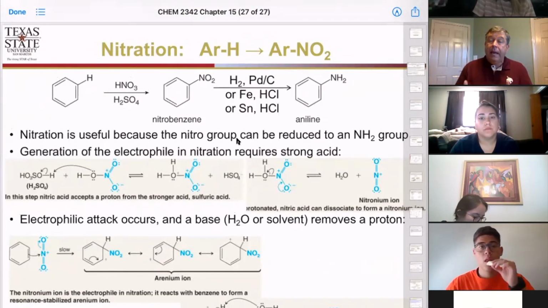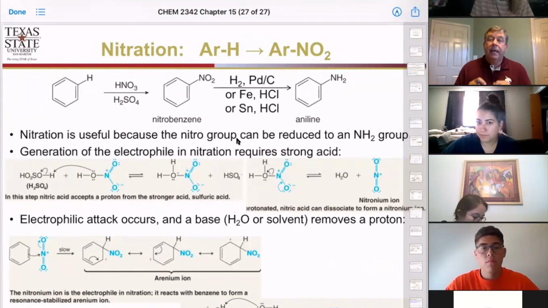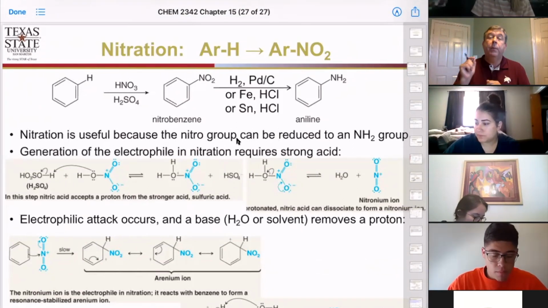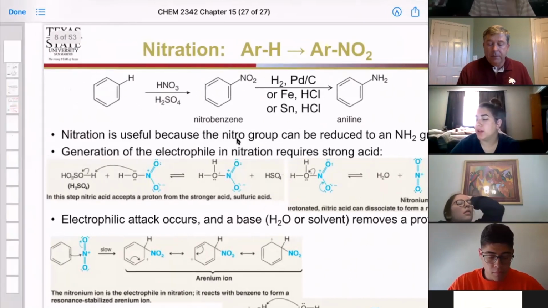You cannot use an amine to attack it directly because you're never going to form a positive charge on an amine, but you can on a nitro group. So we can't do electrophilic aromatic substitution with an amine, but we can do it with a nitro group. Whenever we convert a benzene to an aniline, we typically nitrate first and then do a second step, a reduction.